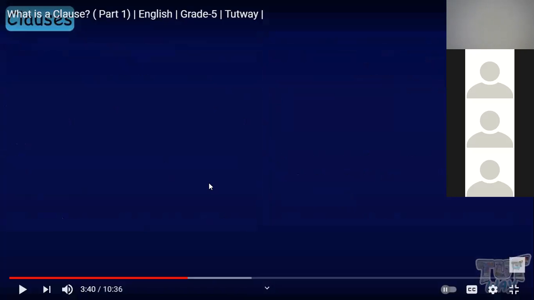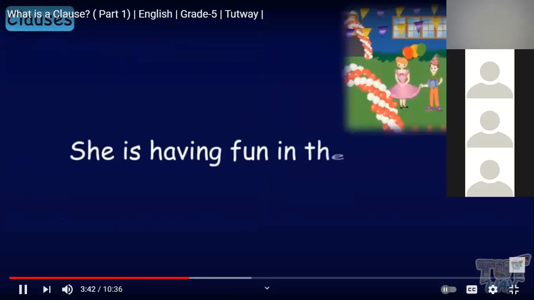Now let's see more examples of clauses. So focus here. She is going to show us more examples about clauses. "She is having fun in the party." Before she explains this example, who can guess where the clause is and where the phrase is in this sentence? Come on.